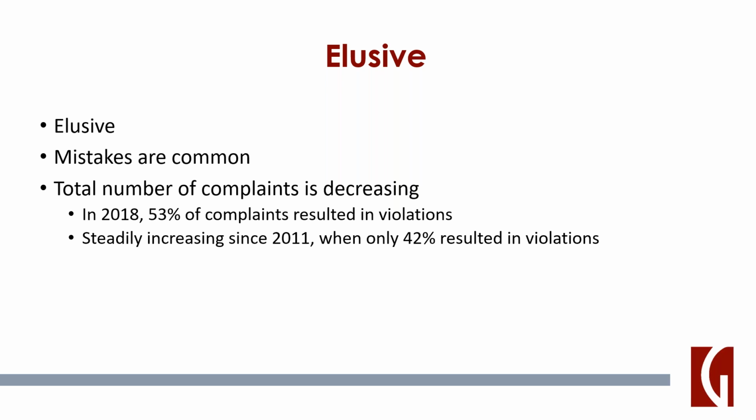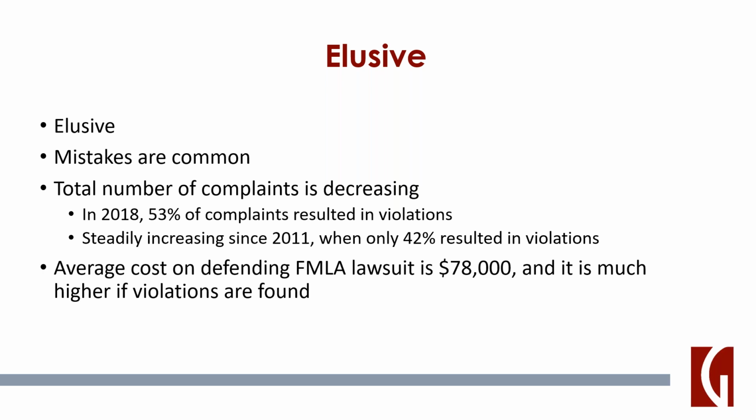The total number of complaints is decreasing, although we are seeing that the number of complaints that are actually resulting in violations is increasing. In 2018, of all of the complaints that were made, 53% resulted in violations, as compared to 2011, when 42% resulted in violations.